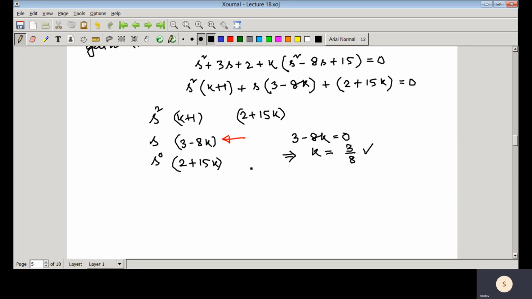And what would be that auxiliary equation? That means if you go one step above, if you replace this value of k here, that would be 11 by 8.